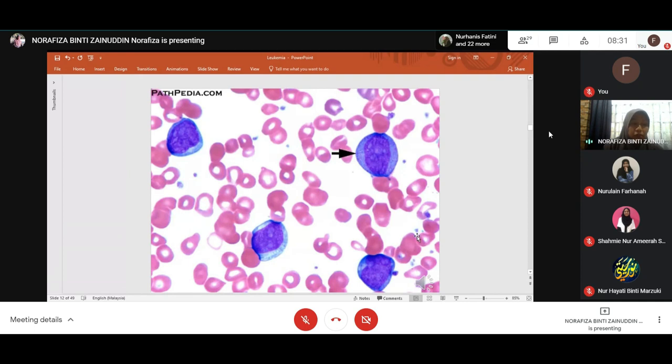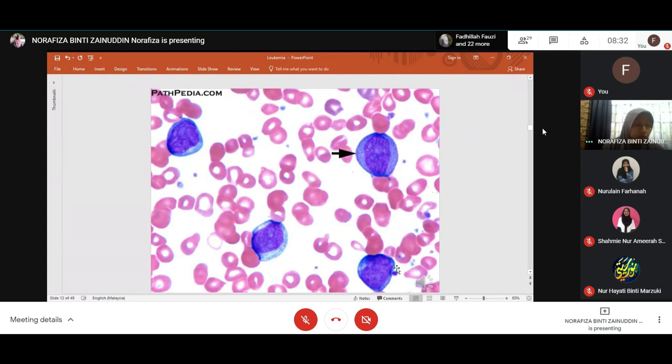The distinction between M1 and M2, not otherwise specified, is very vague because it merely depends on the blood counts. M1 is also known as AML without maturation. The blasts here are large and they are presented with prominent nucleoli.